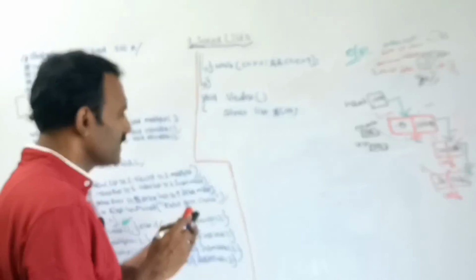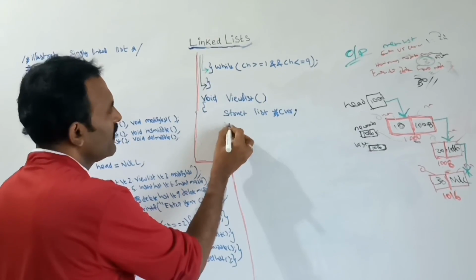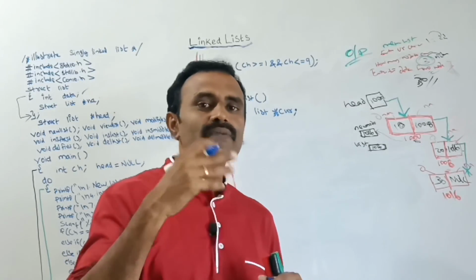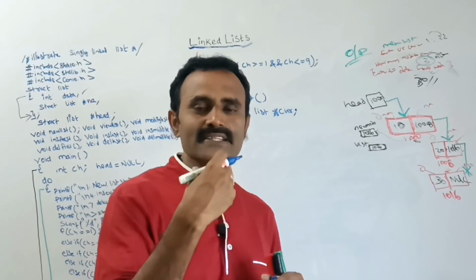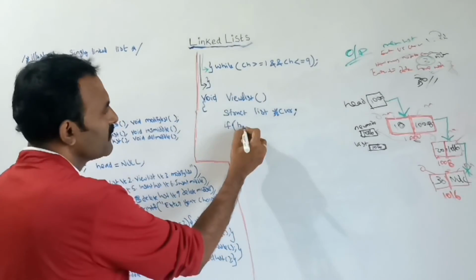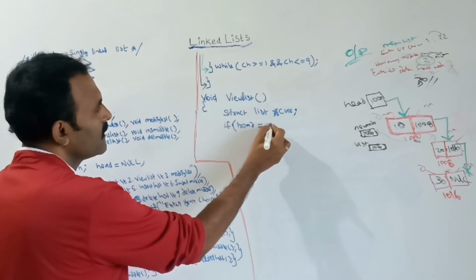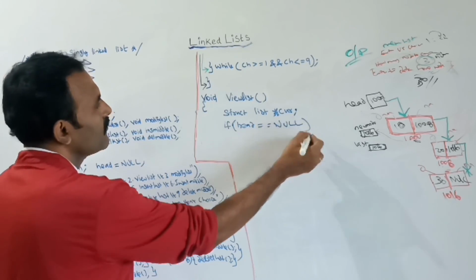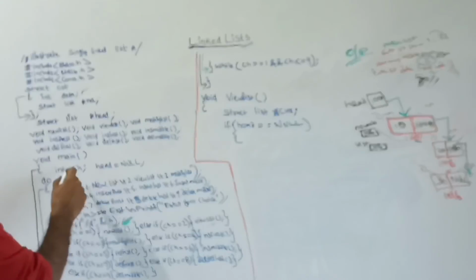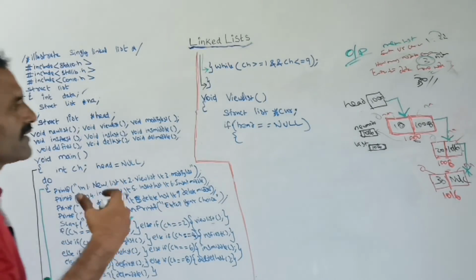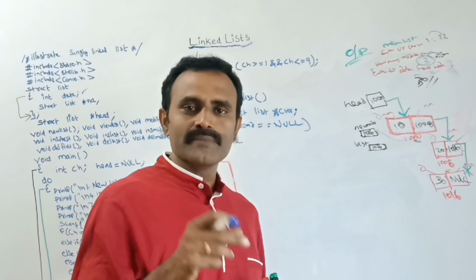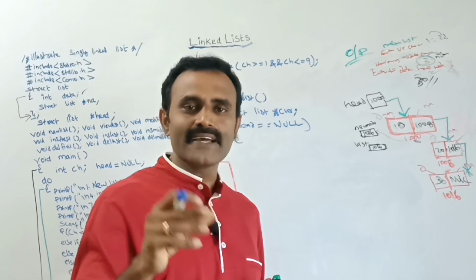Next, I am checking in the if condition. If the list has no data, then it should give the message that the data list is empty. So I am checking here: if the head value is null, then that list will be empty, because at the very first start I am setting it as null. If you are creating some node and giving data to that node, then the head will not be null, it will have the address.